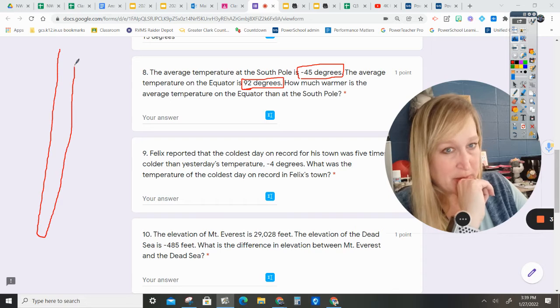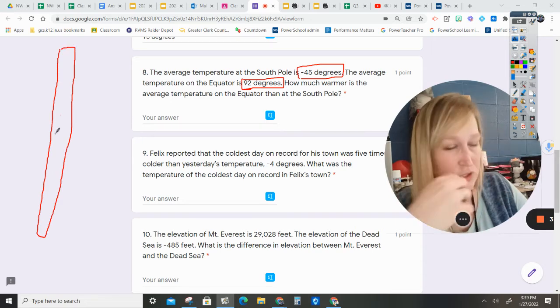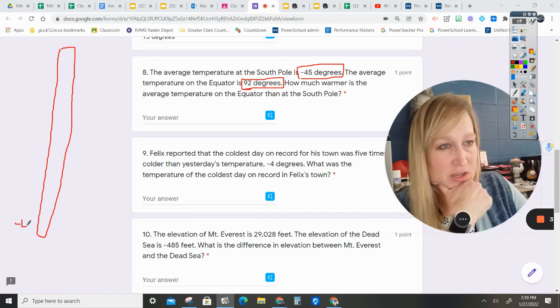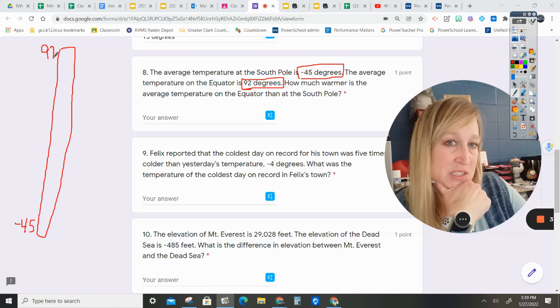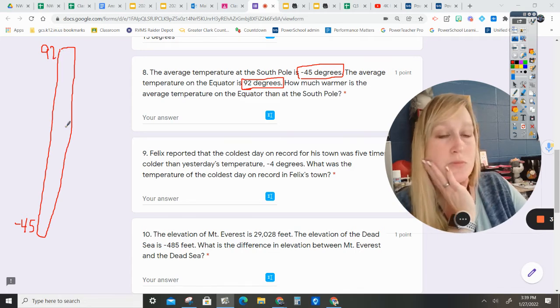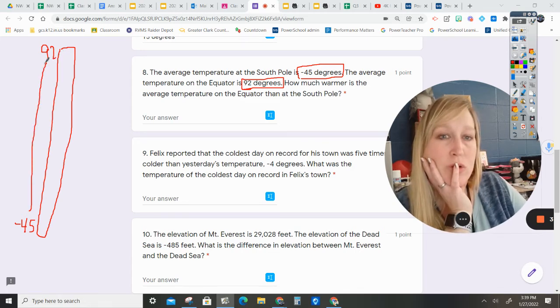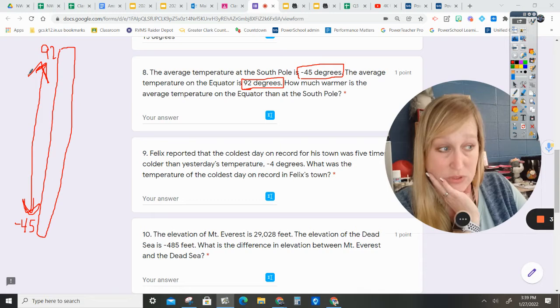But if I'm thinking about a temperature gauge, the negative 45 is here, and the 92 is here. We want to know what is the difference between those two. What's the difference between those two?